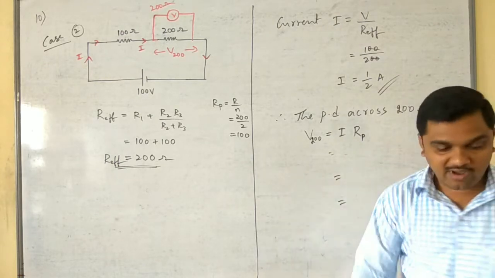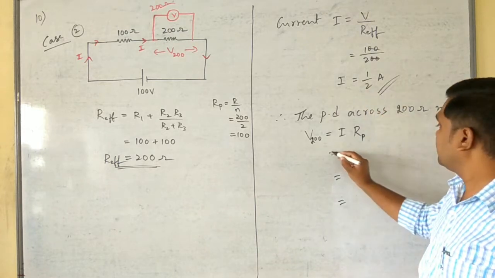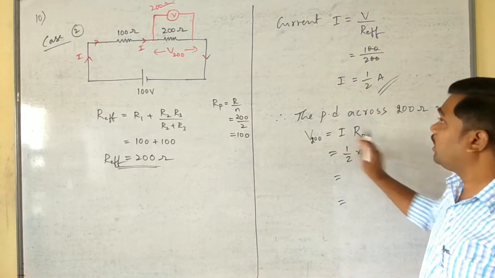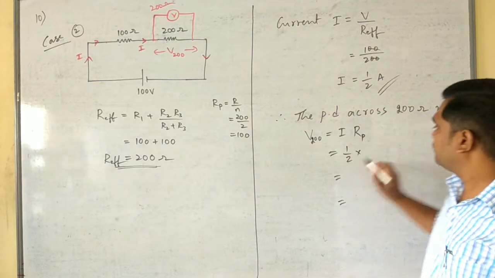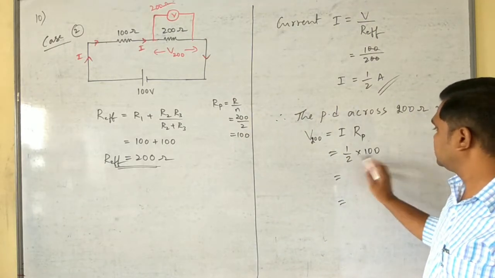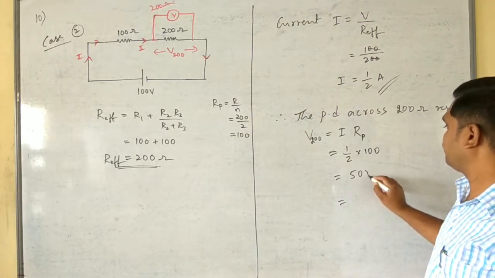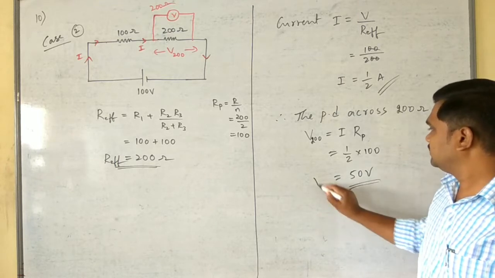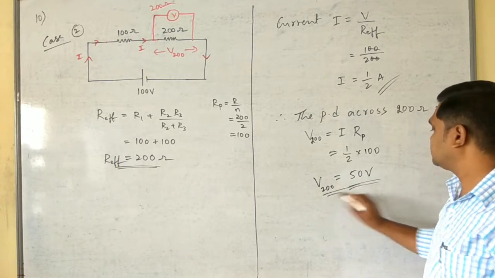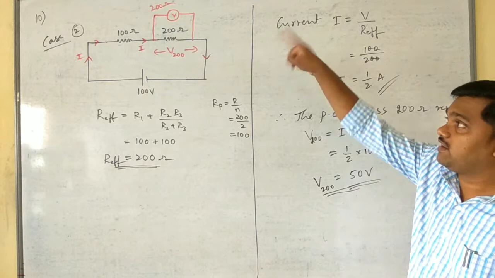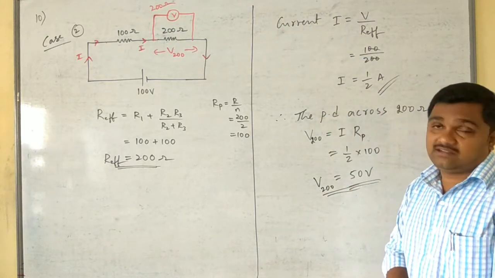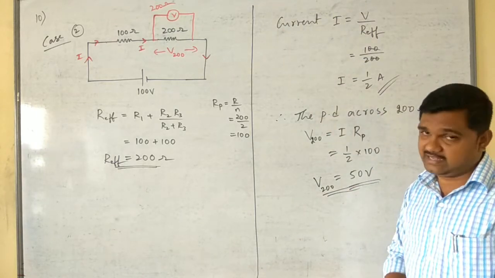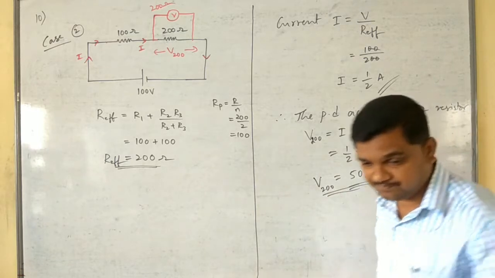I is 1 by 2, RP is 100. Therefore, this is 50 volts. This is the PD across the second parallel combination, that is PD across 200 ohm resistor.